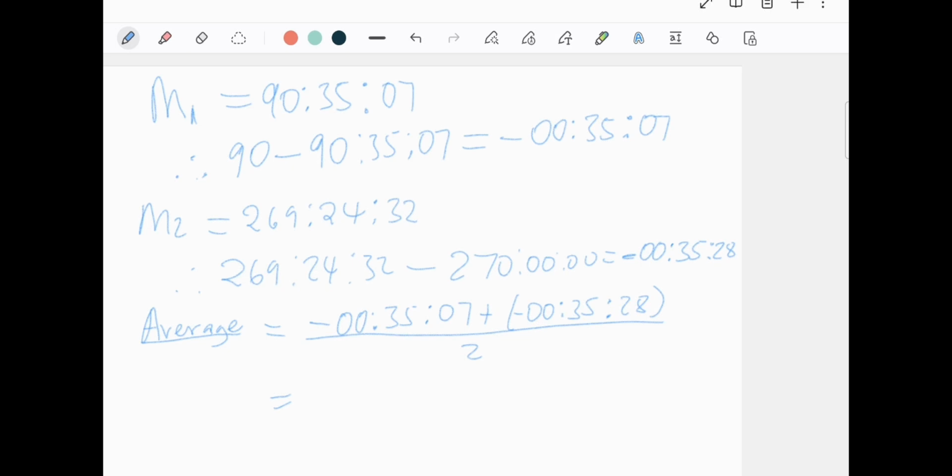So we have negative 0, 0, 35, 0, 7 plus negative 0, 0, 35, 28 over 2.